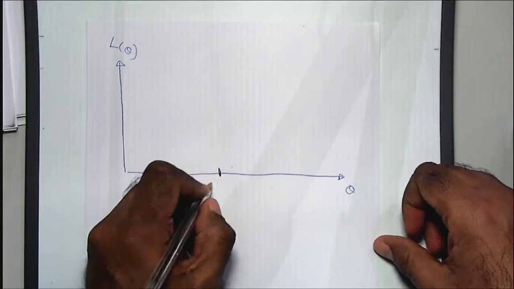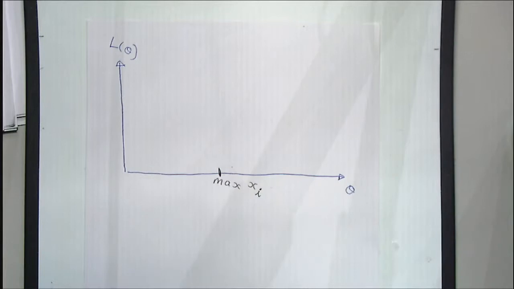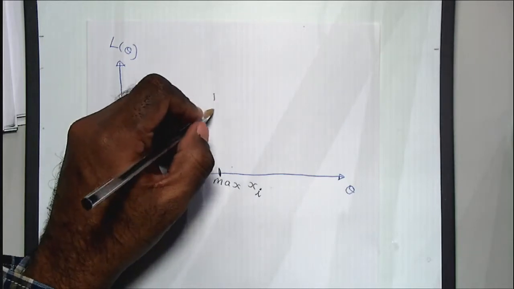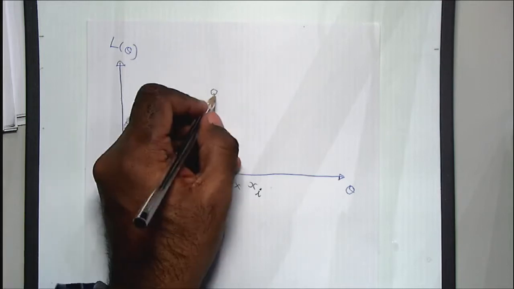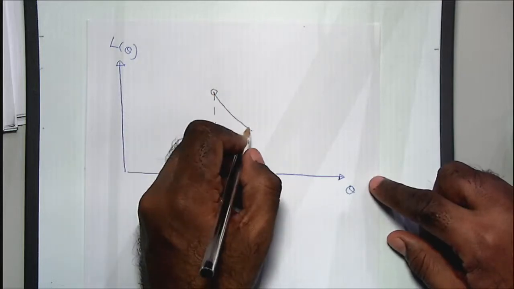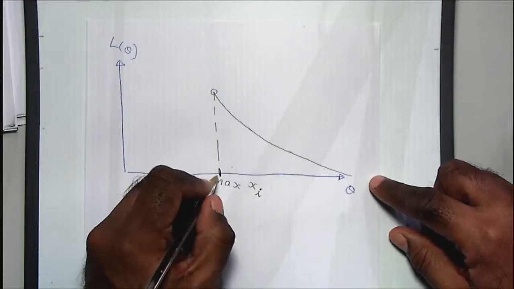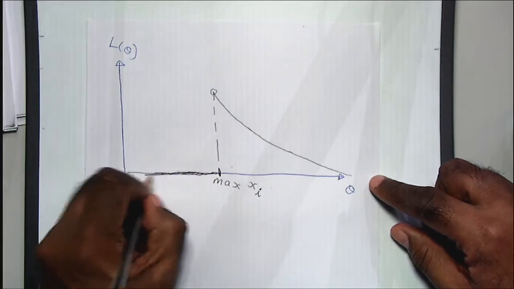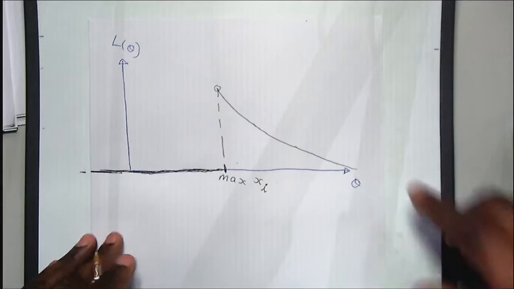Suppose this corresponds to the max of xi, right? Your graph will look like this on this side, and it will be flat zero on this side.